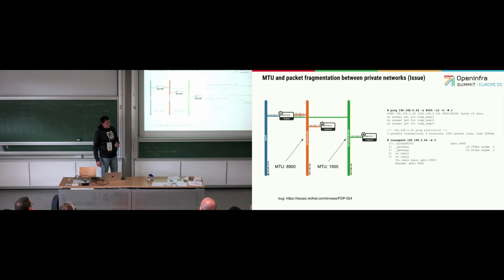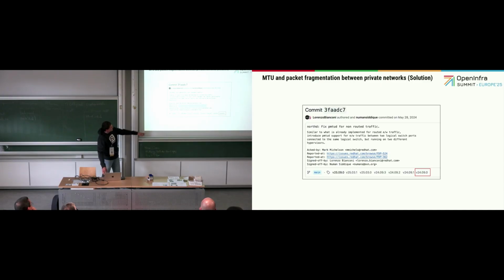It was already fixed in the last release, by this link, by the Red Hat guys. They fixed it because they also faced this problem, of course. But if you want to use this fix, you have to use this 24 version, which is available in the 2024.2 release of OpenStack as far as I remember.